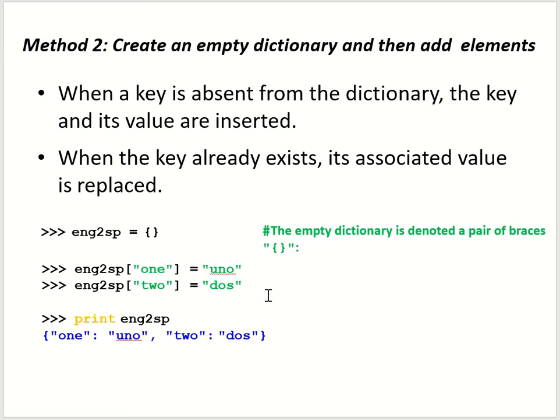But if it doesn't exist, then it is created. So this is an assignment statement where this variable already exists in the code, but it's an empty dictionary. The value is being assigned to a key location. And even though that key didn't exist before, it does after the execution of that statement. And you can keep repeating that.